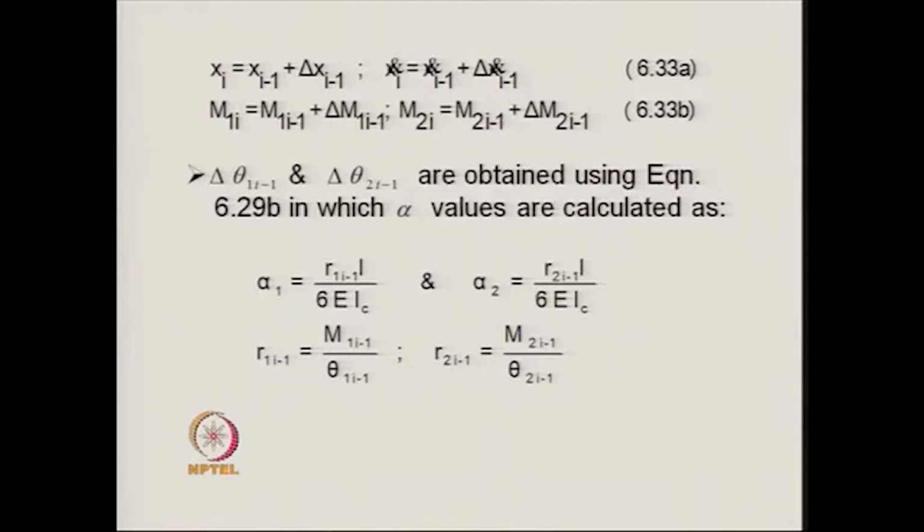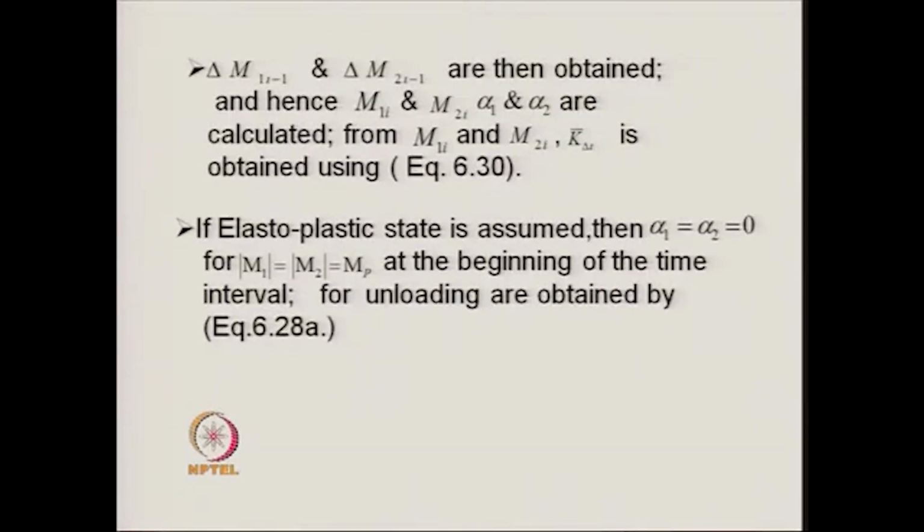After we add them to the already existing values of the moment, we get the final moments m 1 I and m 2 I. And once we get m 1 I and m 2 I, these values are used for calculating alpha 1 and alpha 2 for the subsequent time step. And that is how we proceed.